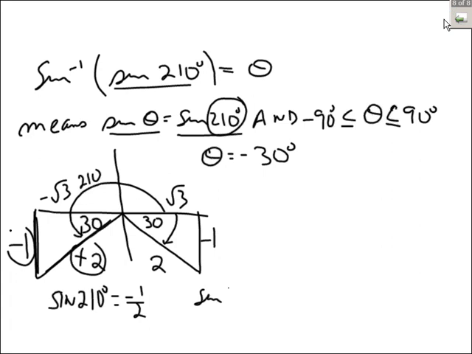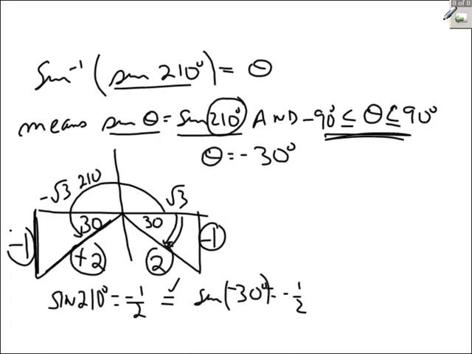But the sine of negative 30 degrees, that is go back 30 degrees, is opposite over hypotenuse. Same answers. Whether you take the sine of 210 or the sine of negative 30, you get the same answer. But we want the sine of negative 30, because that's an angle in between negative 90 and 90.